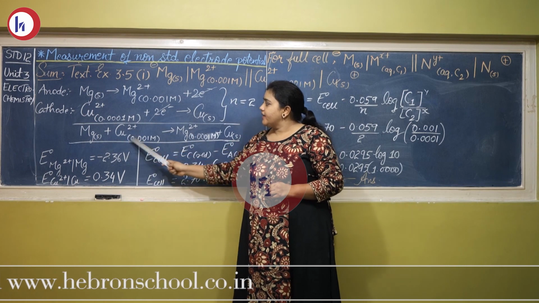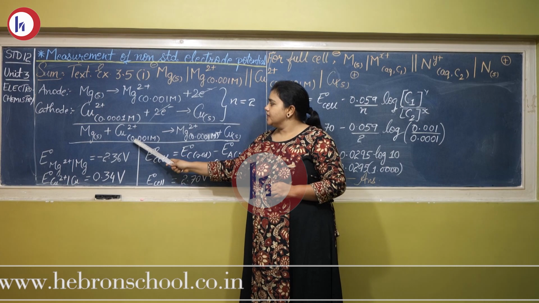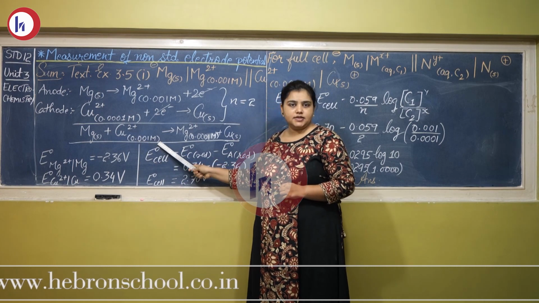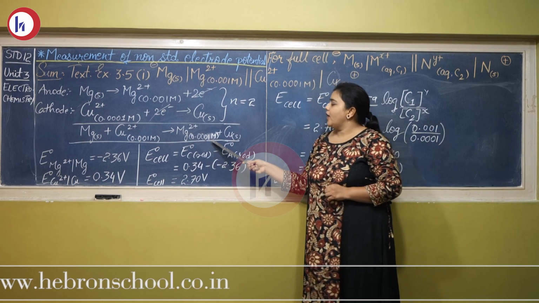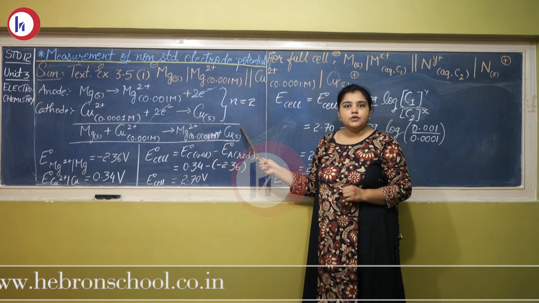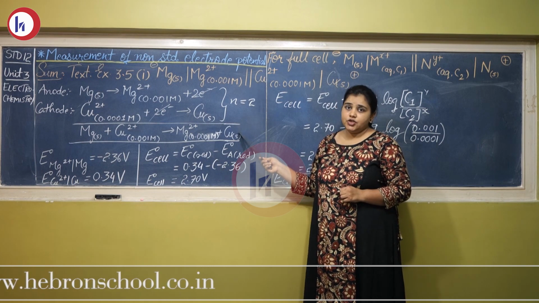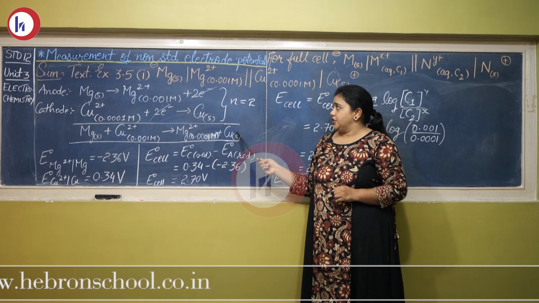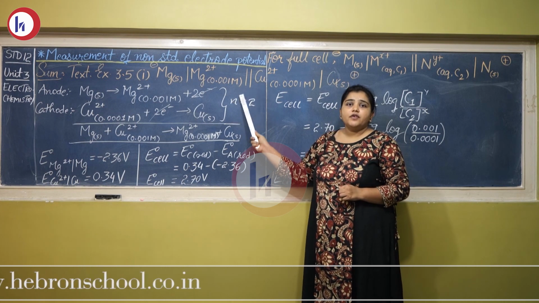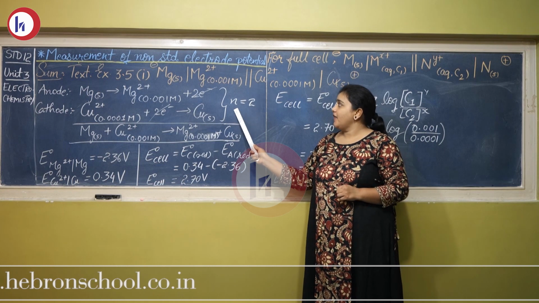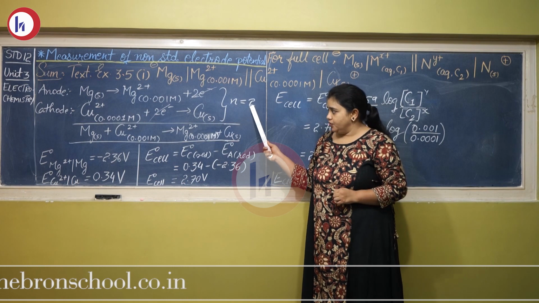So the net cell reaction we will get as Mg solid plus Cu2+ 0.001 molar concentration gives you Mg2+ 0.0001 molar plus Cu solid. Now this is the net cell equation on the basis of which we can write the Nernst equation. From this exchange of electrons we can say the total number of electrons exchanged, that is the value of n for this given cell, is equal to 2.